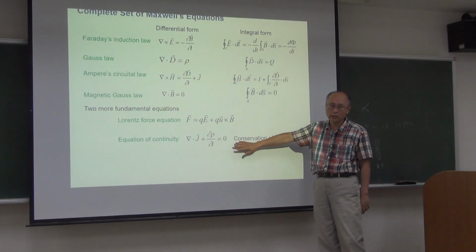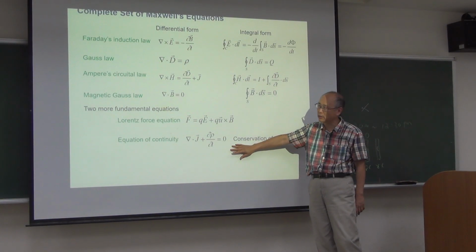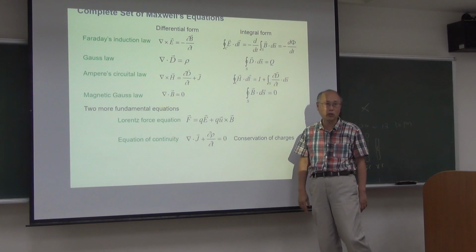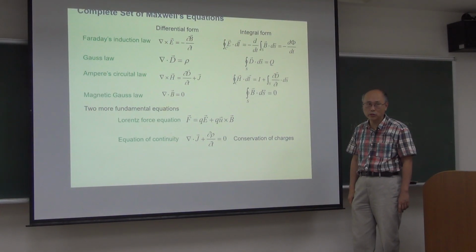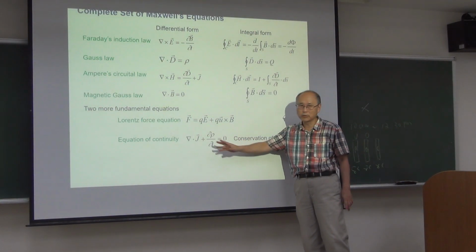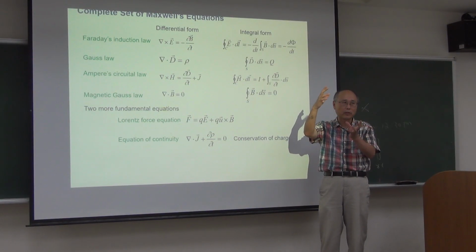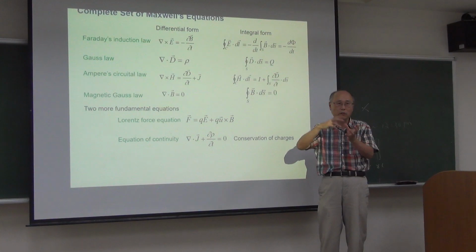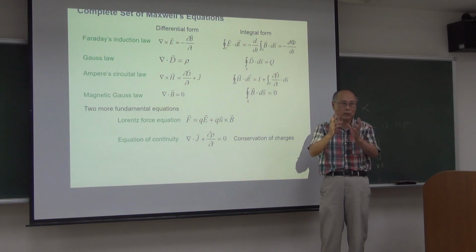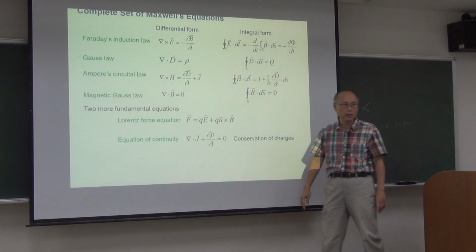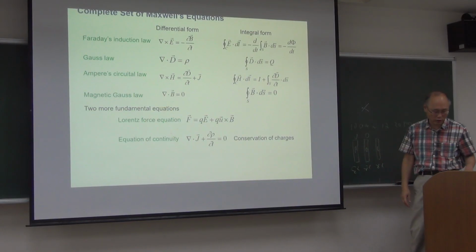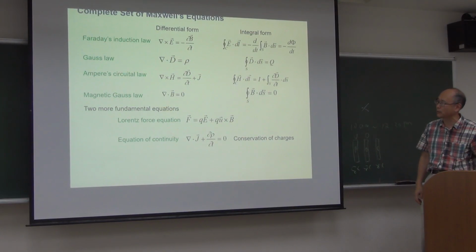Then the equation of continuity tells you the conservation of charge. Okay, it's a conservation of charge. So it tells you that in a closed surface, if you measure some current, there must be some charge going through this surface. So this is the concept of the conservation of charge, and we call this the equation of continuity.